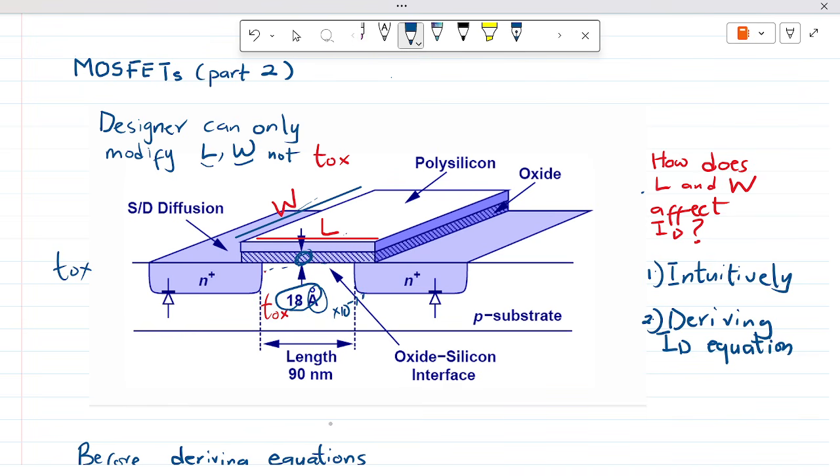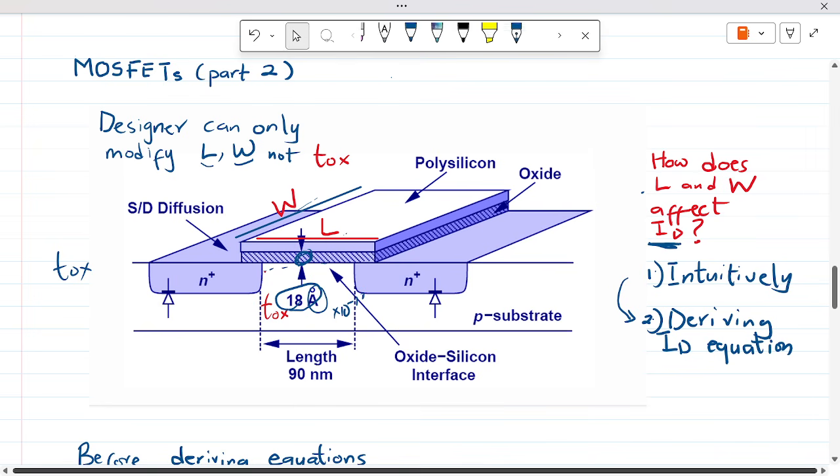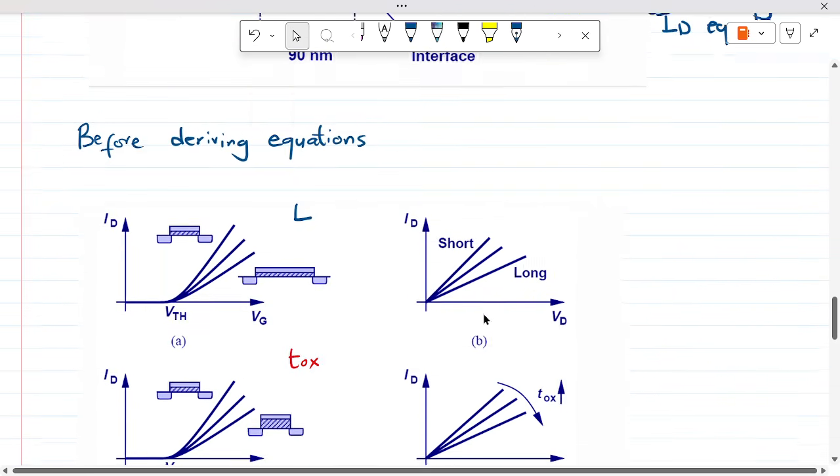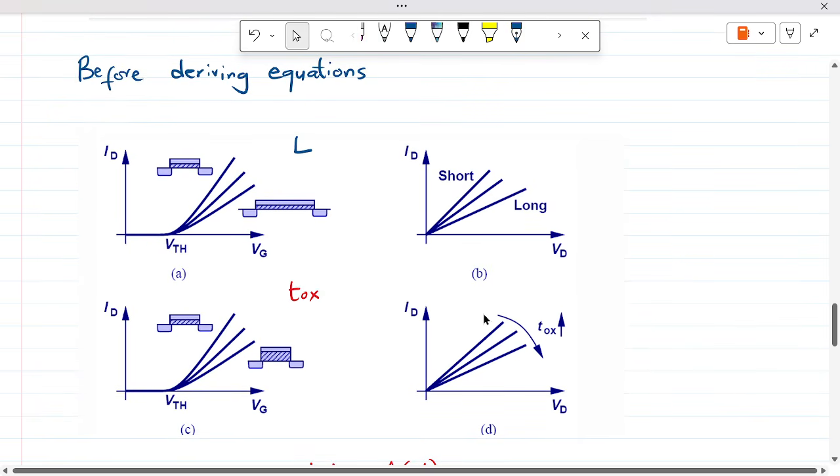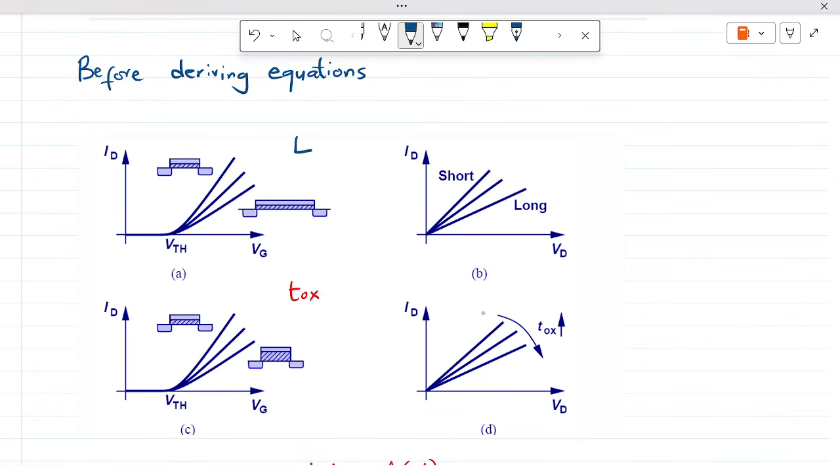So we are going to see the effect of the length and the width on things like the drain current. First, we'll look at it intuitively before we derive an equation for the drain current, to see if it confirms our intuition. So intuitively, we look at the length.